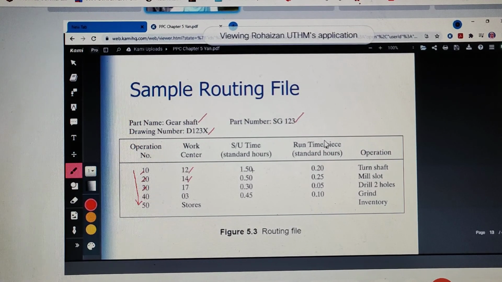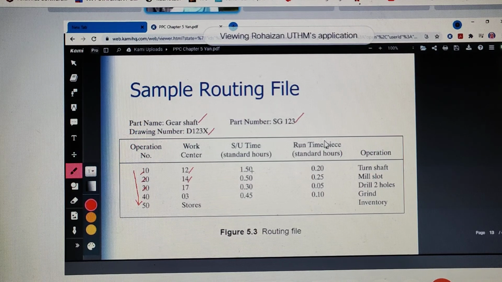So this is the setup time for each work center. For work center 12, operation number 10, which is turn shaft, we need 1.5 hours. This is standard hours. It does not mean 1 hour 50 minutes. No, this is standard hours.